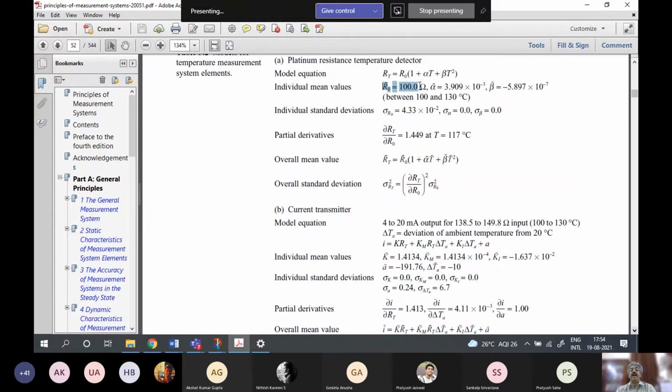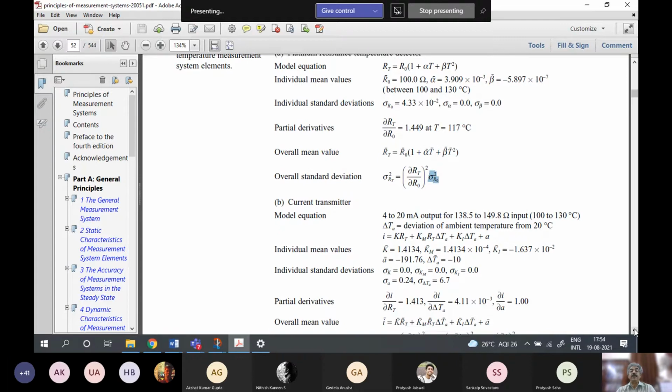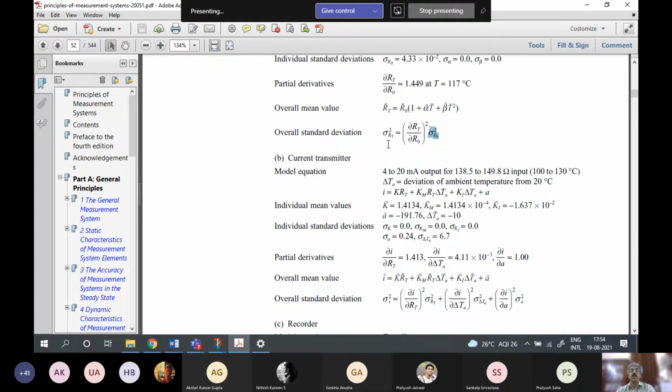That is the grade of the thermometer that you are being offered at a given price. So now if this exists, then the resistance variation due to the variation in R0 in a thermometer will give you an overall standard deviation, sigma square RT, at T equal to 117 degrees centigrade, right?